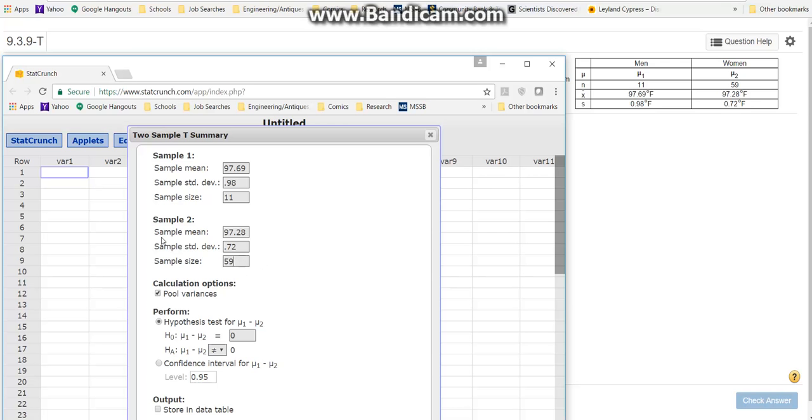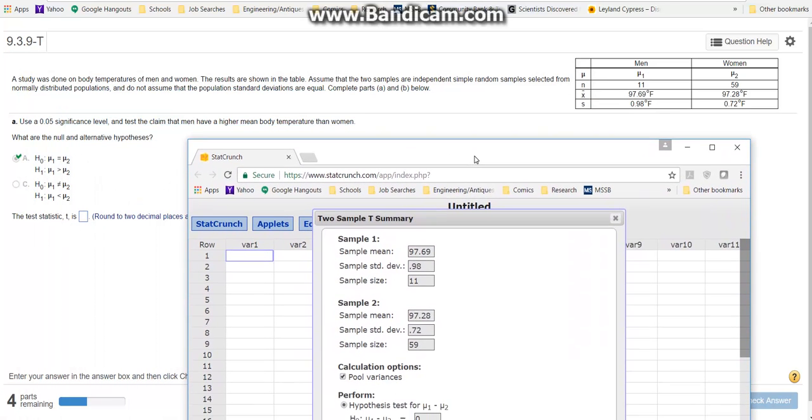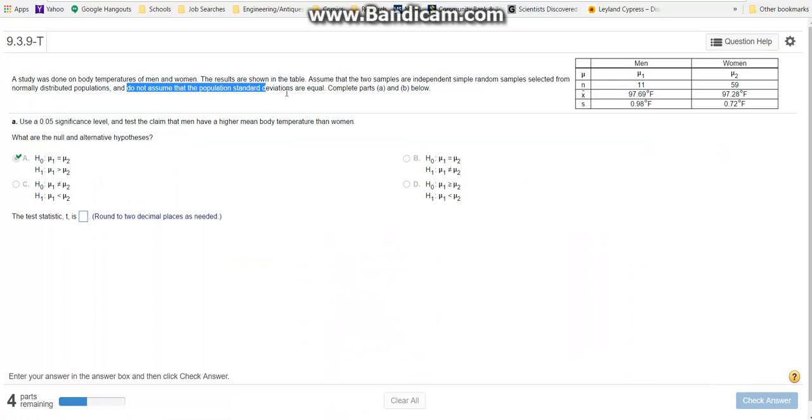Now you will note that the sample sizes are actually pretty seriously unbalanced here, but we're not going to address that. Now, there's a key piece of information right here that they tell us: do not assume that the population standard deviations are equal.